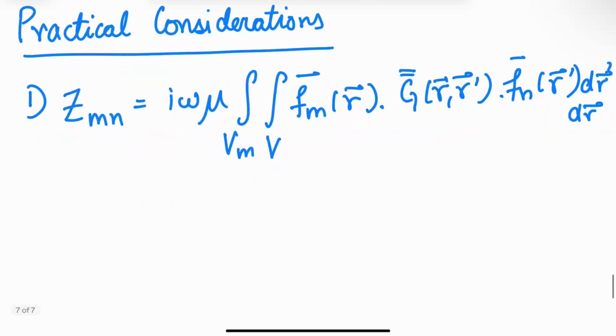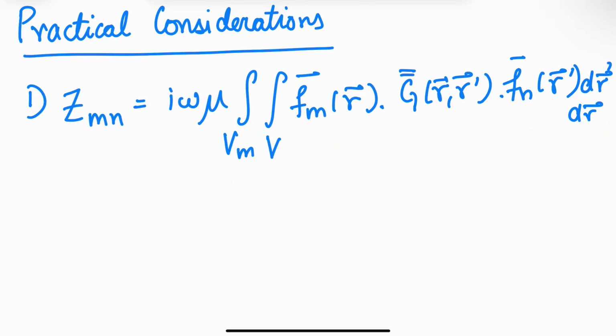Okay, since we're evaluating a current at r, let's say you're on the surface of a metal or inside the dielectric, and you want to evaluate this integral to find the current, which means you need to evaluate the observation point and the source point at the same point in some cases, right?